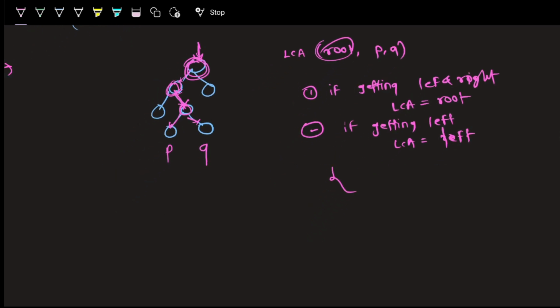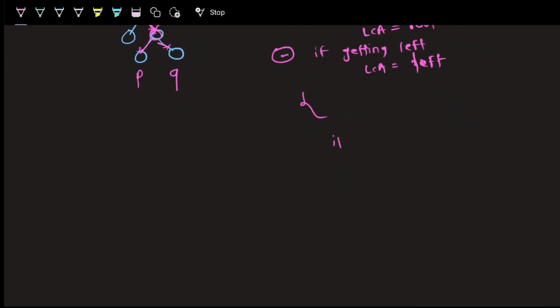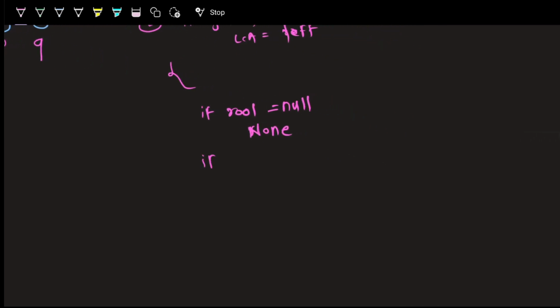So this is the pseudocode for finding the LCA. What do you do? First of all, you just check if root is equal to null, then there is no LCA for it. So you can just say return none. Correct? Makes sense. I will check if my root is equal to P or root is equal to Q, then I would just say return root.